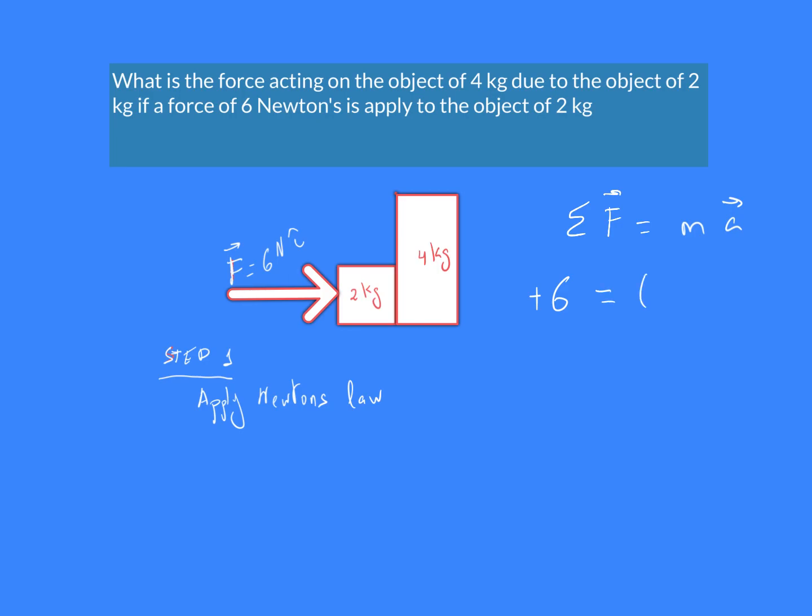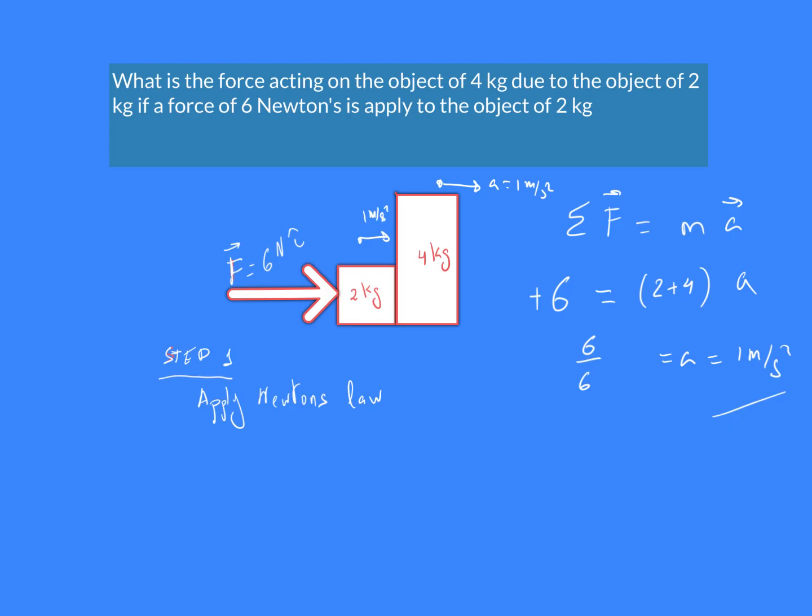The mass is 2 plus 4, times the acceleration. So the acceleration of the system of 2 and 4 kilograms will be a equals 6 divided by 6, so it will be 1 meter per second squared. So we know now that both bodies are moving at 1 meter per second squared. So a is 1 meter per second squared, and a is 1 meter per second squared.